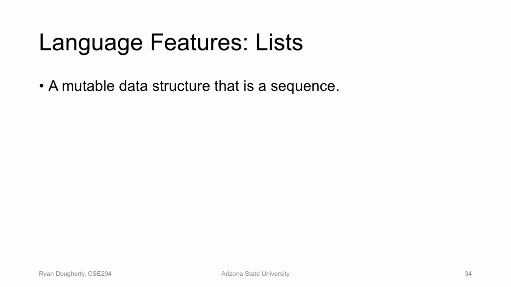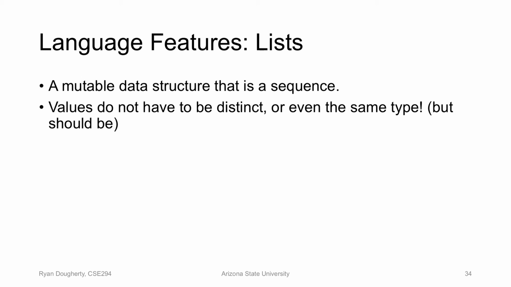Okay. So lists, we've been talking about, are the mutable data structures, so they are almost exactly the same thing as arrays in Java. You can have pretty much anything in a list. In Python, you can have any data type you want in any order you want. They don't have to be distinct, or they can be.